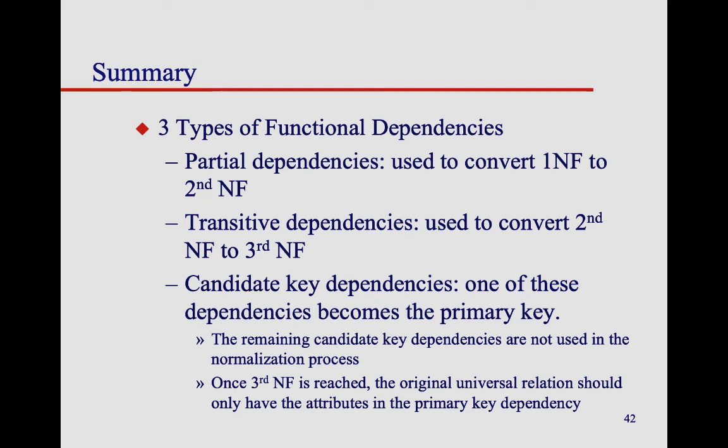Okay? And once the third normal form is reached, the original relation you were using should only have the attributes that are fully functionally dependent on the primary key.